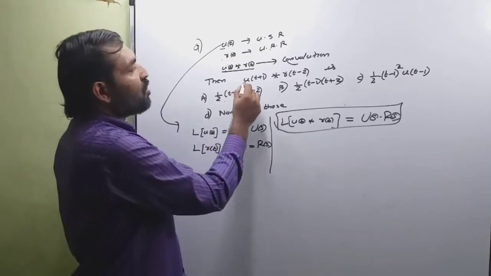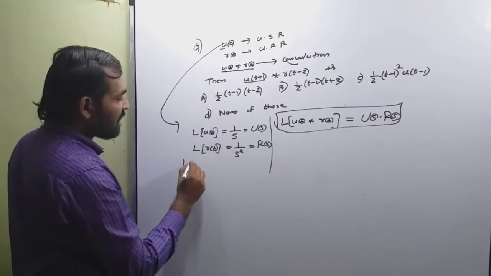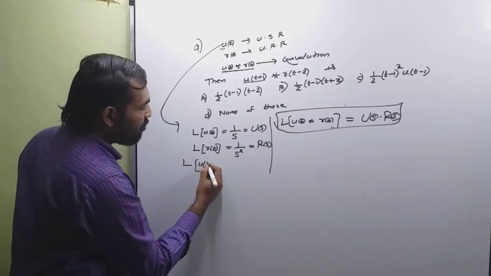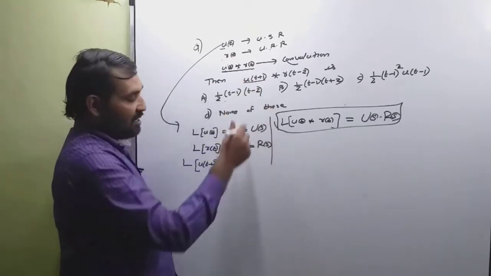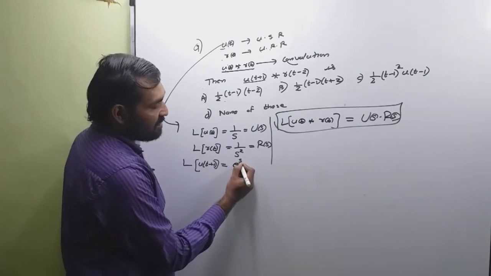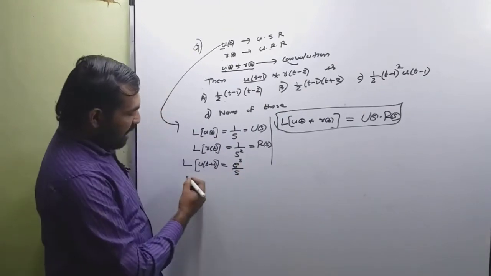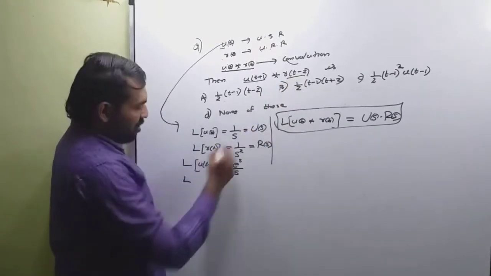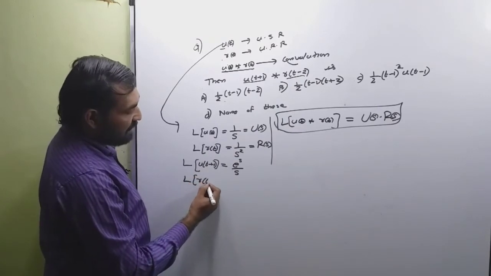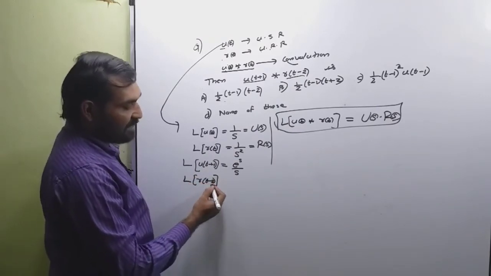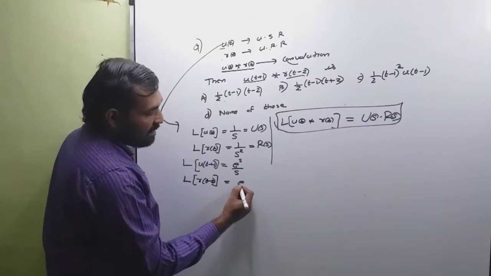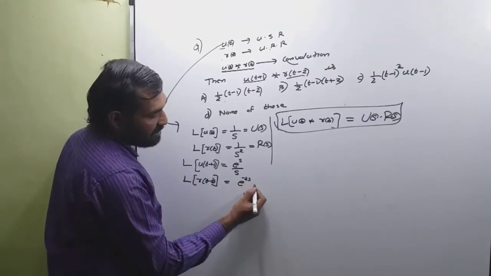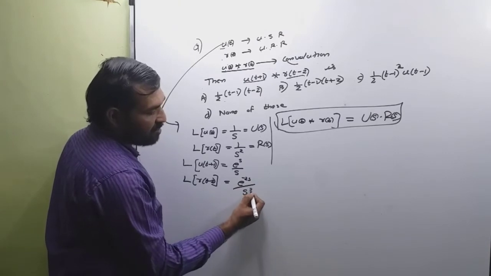Now, Laplace transform of u of t plus 1 is equal to, this is an advanced signal, e raised to s divided by s. And Laplace transform of r of t minus 2, this is a delayed signal, delayed by 2 units, is equal to e raised to minus 2s divided by s square.